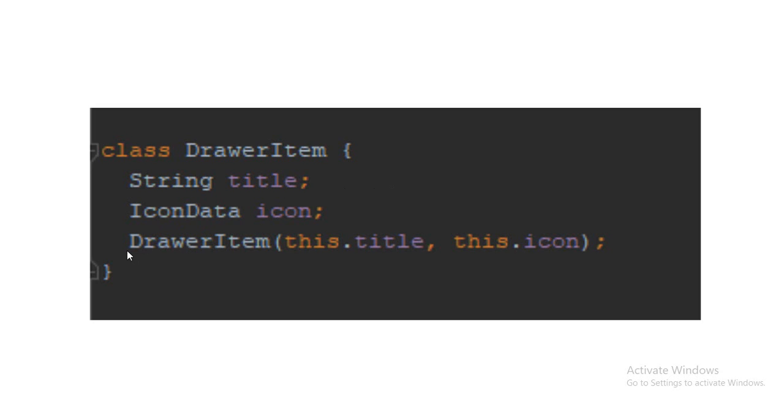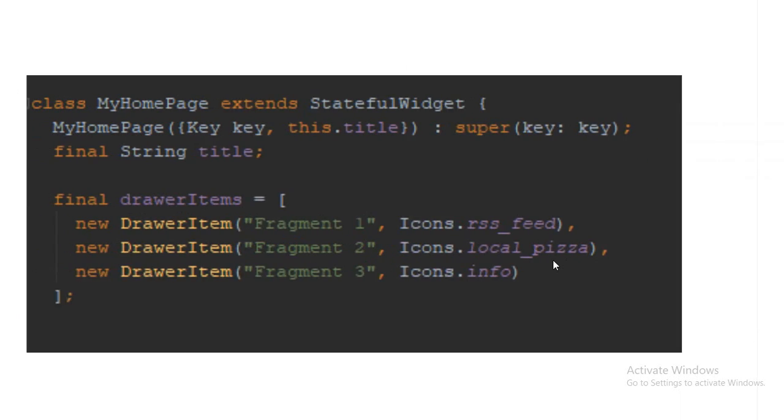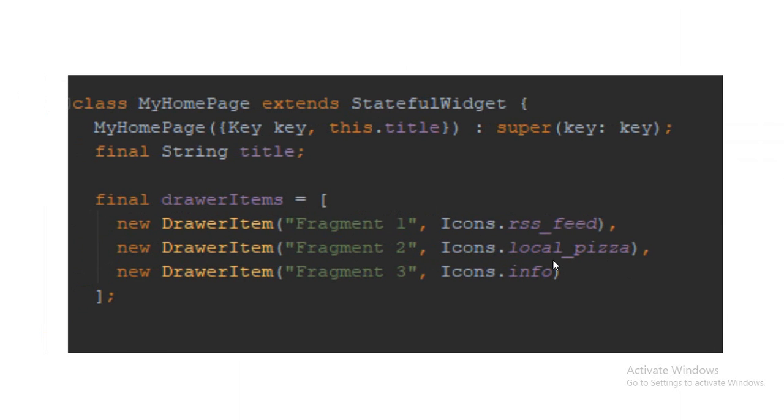I will simply create one constructor for these two variables and pass these two values, title and icon, through the parameters.